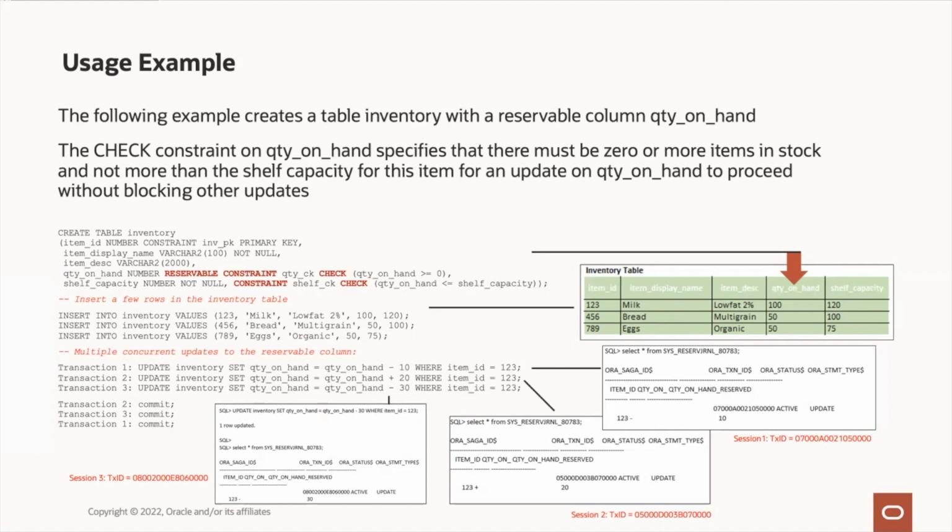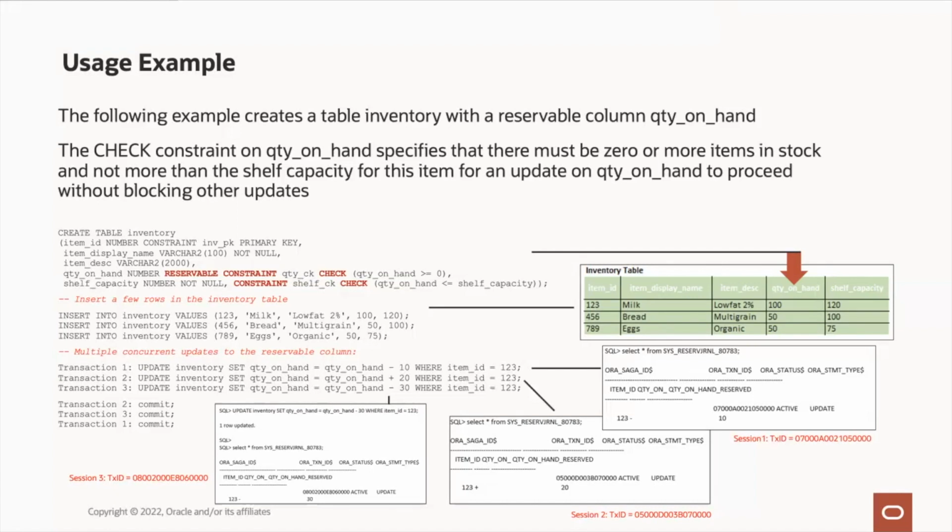Transaction T1 updates quantity on hand by -10 for item 1, 2, 3. Next, the modification amount is checked to verify that this request can be reserved. And if all the constraint checks also return true, the request can be placed into the lock-free reservation journal with no row locks yet taken.